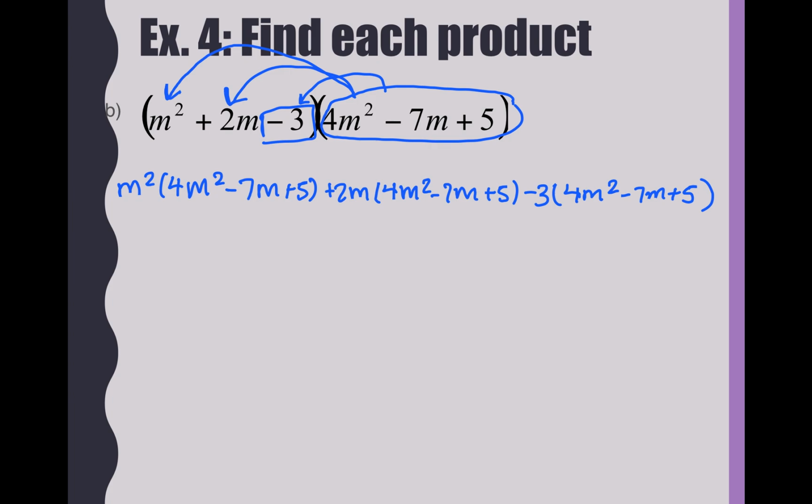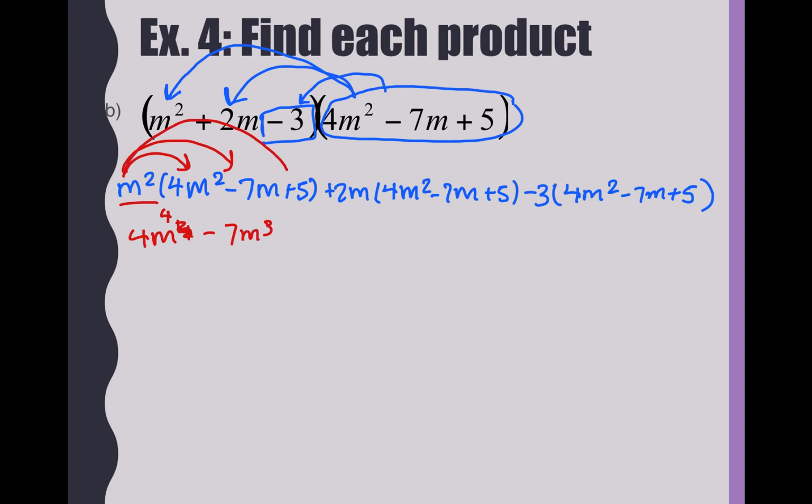Then I'm going to use my distributive property. M squared times 4m squared is 4m to the fourth. M squared times negative 7m, whoops, I messed up. Let's go back. M squared times negative 7m is negative 7m cubed.